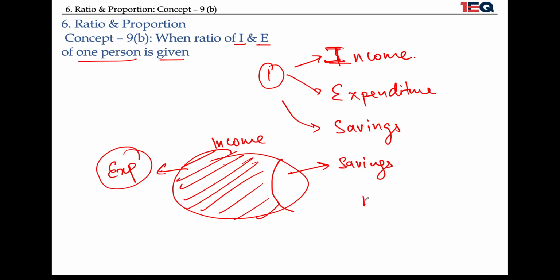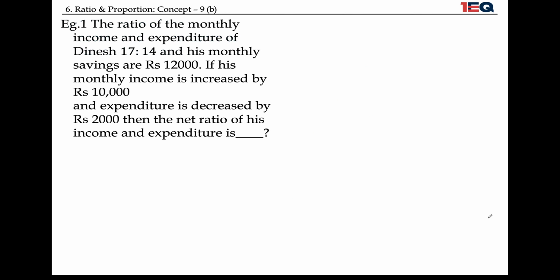Also, I can easily write that the value of income is equal to expenditure plus savings. So I'll be moving ahead and solving the question for you.